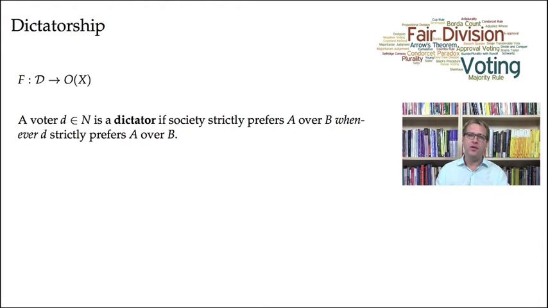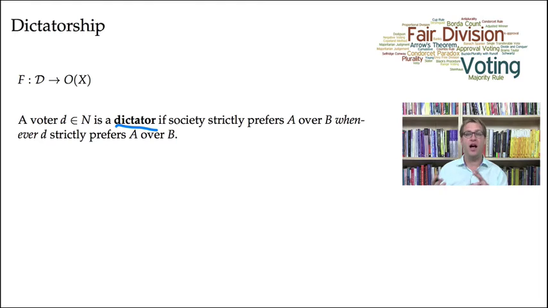The last principle is that there is no dictator. A voter D is said to be a dictator if society strictly prefers A over B whenever D strictly prefers A over B. It might be that D strictly prefers A over B, and some other people also strictly prefer A over B, and others don't.